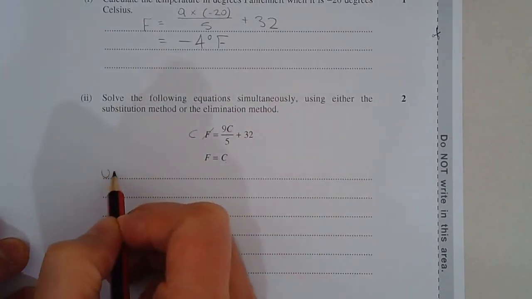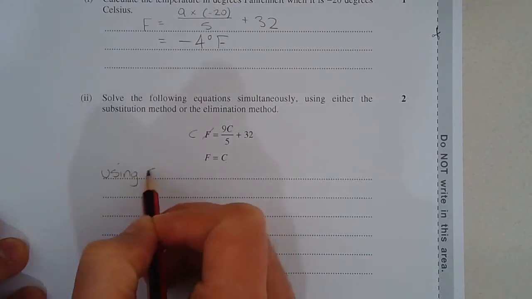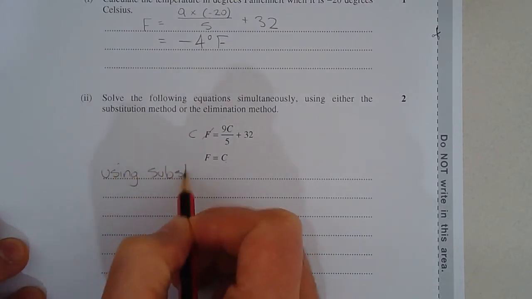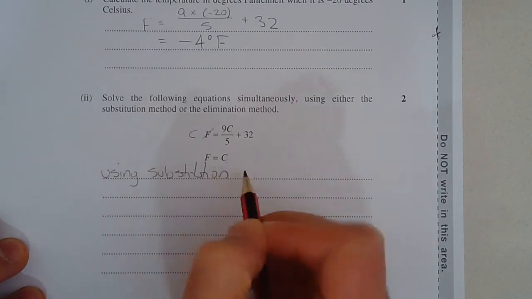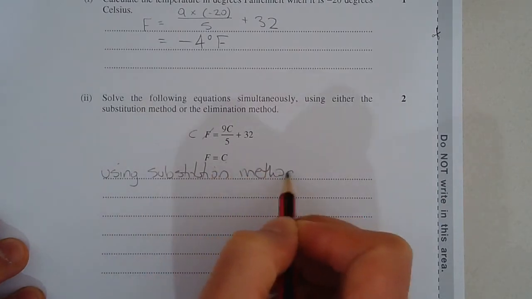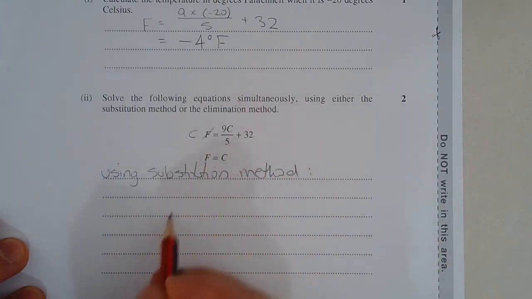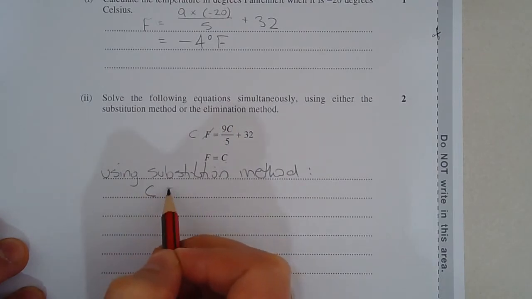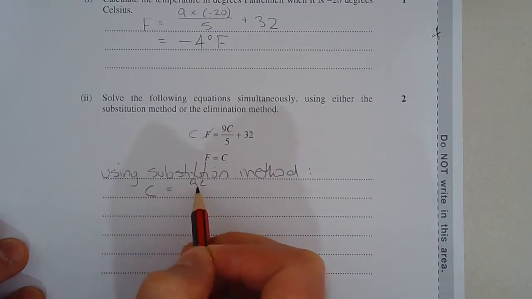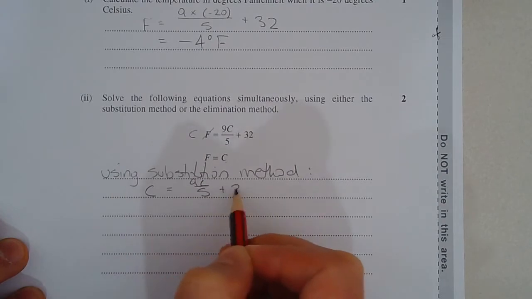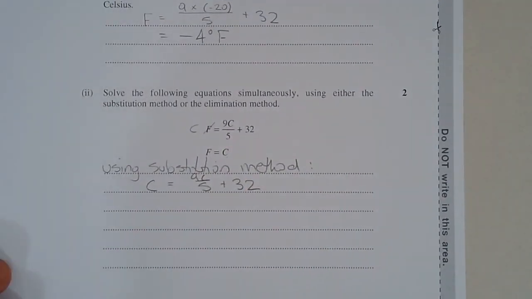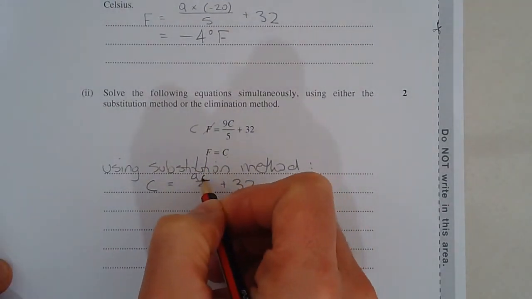Okay, so using the substitution method, we could write it as C is equal to 9C over 5 plus 32. Now, it can get quite complicated when you have fractions.